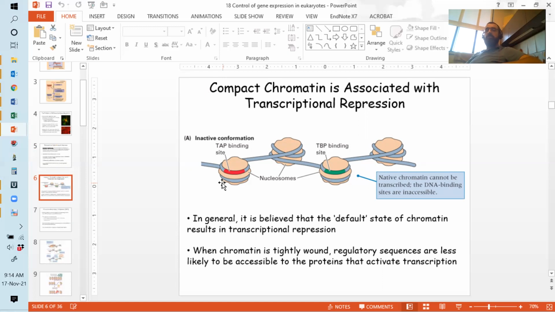And they can be unavailable in a couple of different ways. They could be inside a tangled complex of chromatin, so the proteins physically can't get in there, like TBP or any activator proteins can't get into that DNA sequence to even bind to it. So that's one way compact chromatin shuts things down. Another way is that the DNA in heterochromatin is tightly wound around the histone proteins.